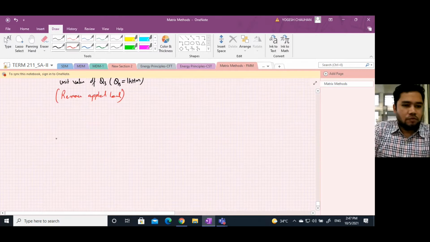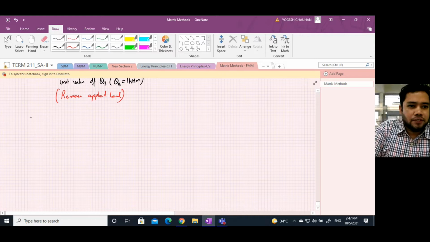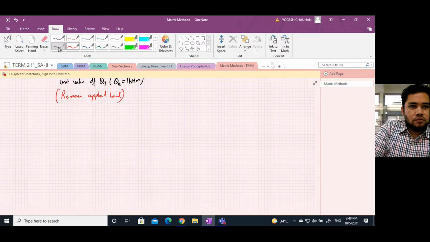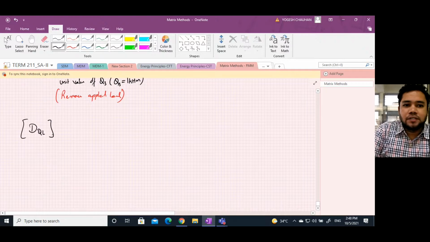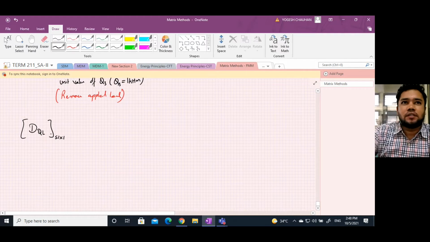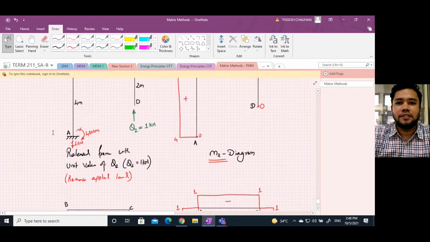So let us first formulate the DQL matrix. This DQL matrix will be of size SI by 1. There will be 3 rows because the SI of this system is 3.